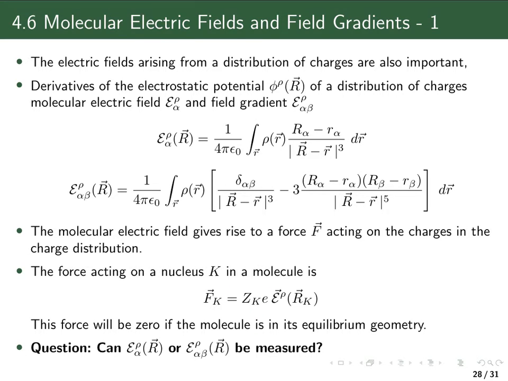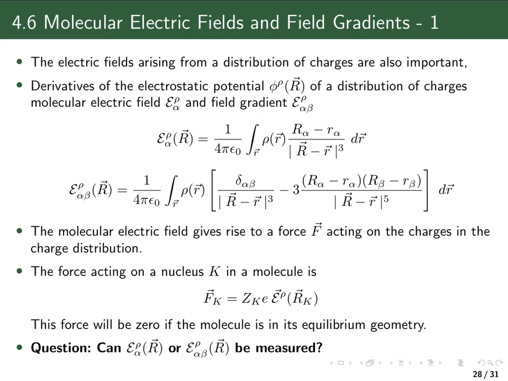Now this force would try to move that nucleus. And that means if our molecule is in its equilibrium geometry, then this force acting on that nucleus would be 0, like the forces on all the nuclei would be 0, which means that the electric field at the position of the nucleus would be 0.